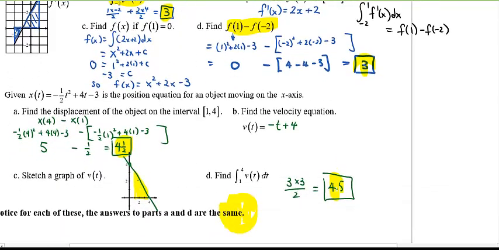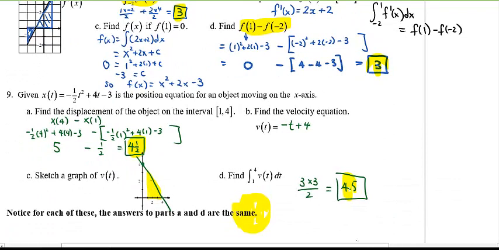Is that the same for number 9? You bet it is. The integral from 1 to 4 of the velocity function, that is a derivative, is equal to the position function evaluated at the upper limit minus the position at the lower limit.